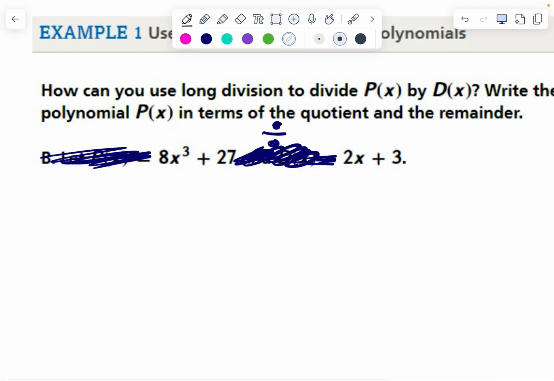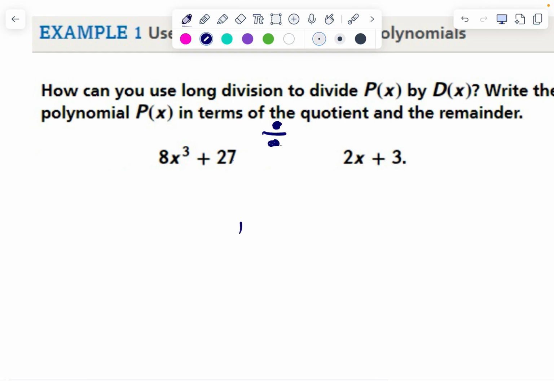This, of course, I'll post, and if you need to go back and look at it. Which one goes on the inside? Yep, the first term. So let's go ahead and set that up.